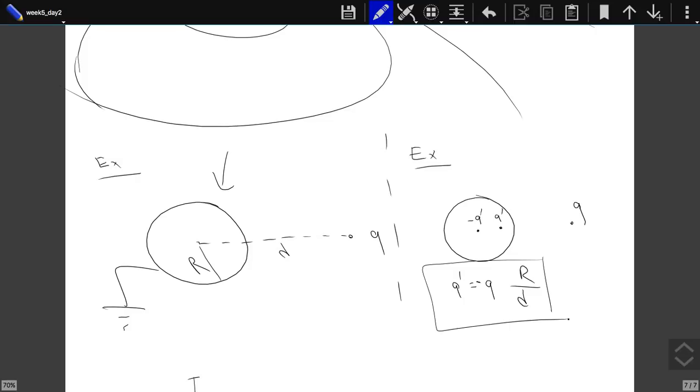Now, using these potentials, you can calculate the surface charge density. So an alternative way would be, if I give you the surface charge density and the point charge, then you can again calculate the potential. Let's calculate the surface charge density of this problem, not the other one.